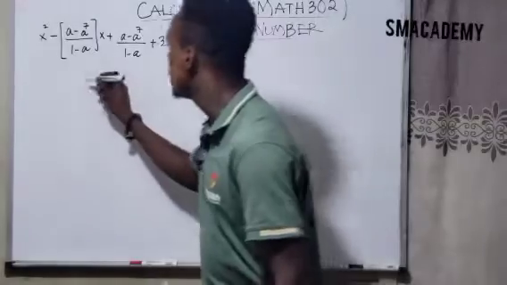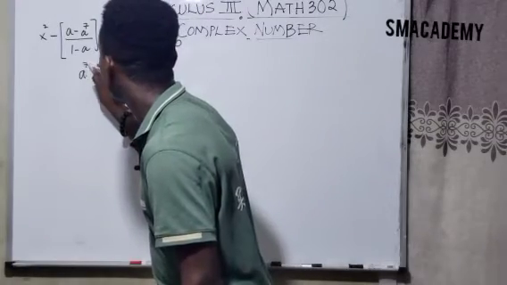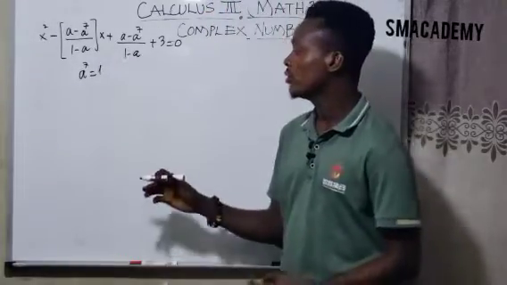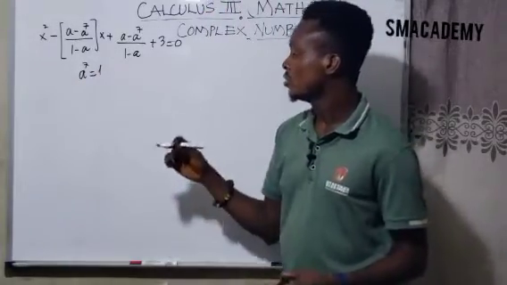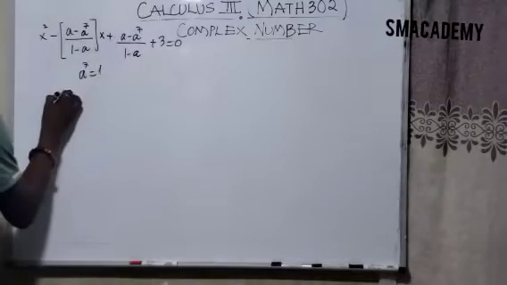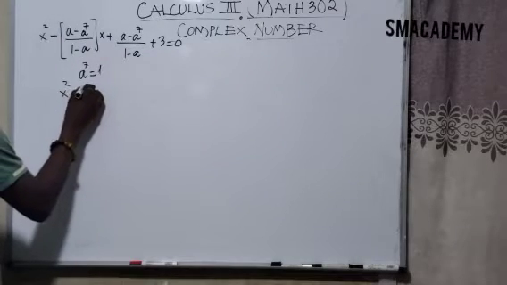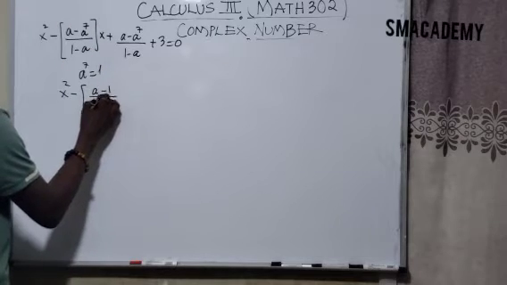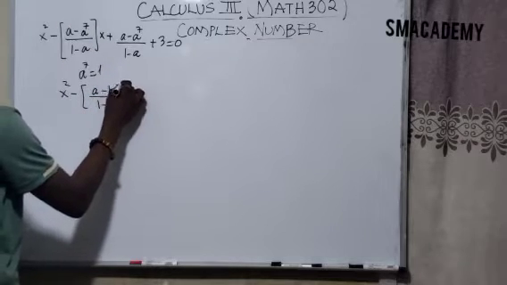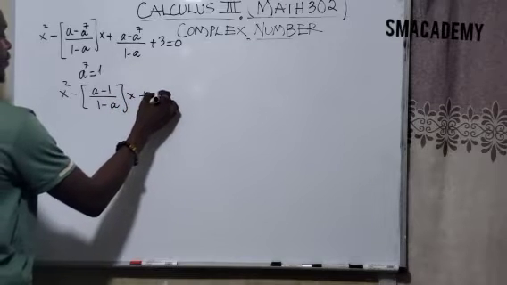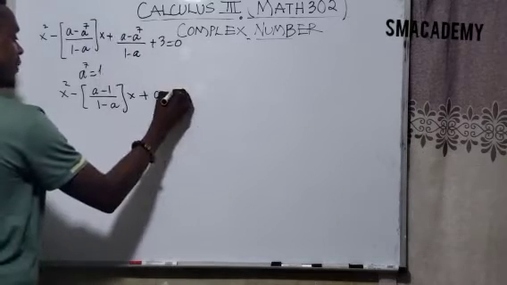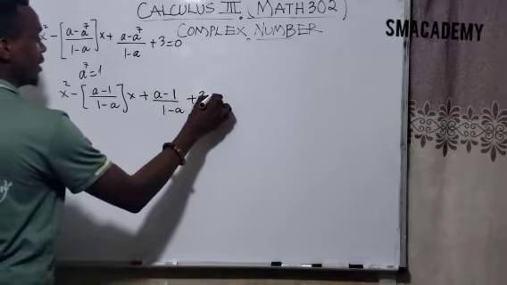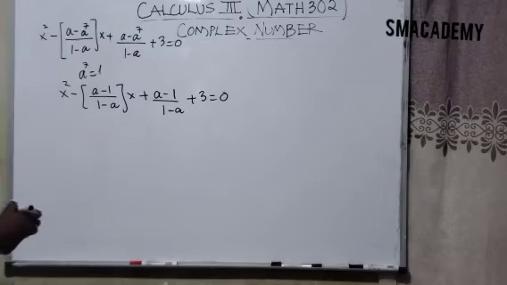So remember that previously a to the 7th power is 1. By making use of the Euler formula, we found that a to the 7th power is 1. So we have x squared minus a minus 1 minus a, times x, plus a to the 7th power is 1 minus a, plus 3 is equal to 0.